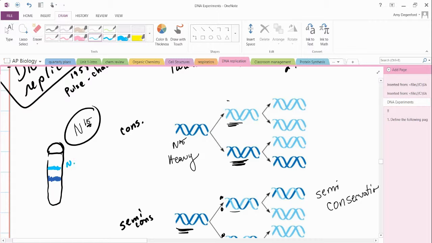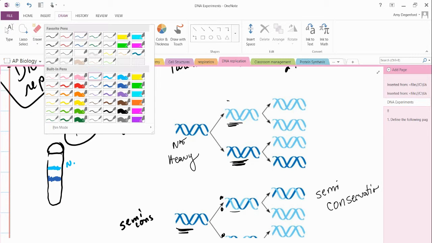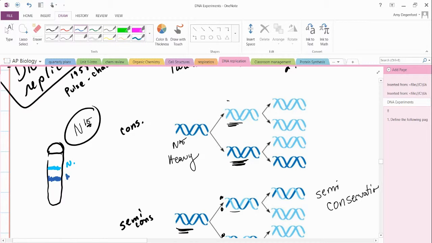So this would be normal, and then we go back to our heavy, and because it is slightly heavier, it'll actually sink when spun down. So they ended up with an interesting way to measure whether or not it had heavy or light nitrogen. Before we get to the mechanics of the experiment, let's think about how this could be.